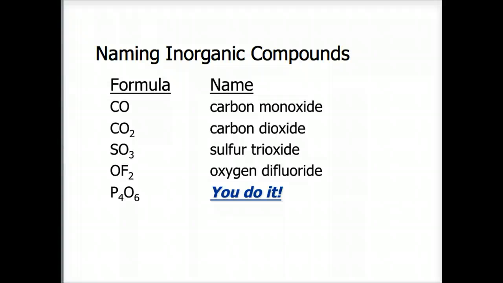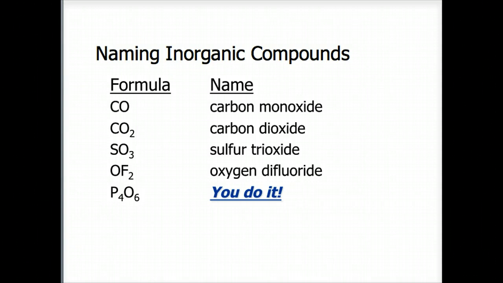And so here's how we do it. CO is carbon monoxide. CO2 is carbon dioxide, to show you that there are 2 there. And that allows you to know the difference between carbon monoxide with 1 and carbon dioxide with 2. We then have sulfur trioxide and oxygen difluoride to show you that there are 2.